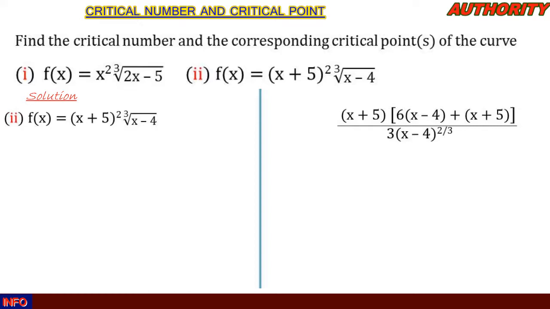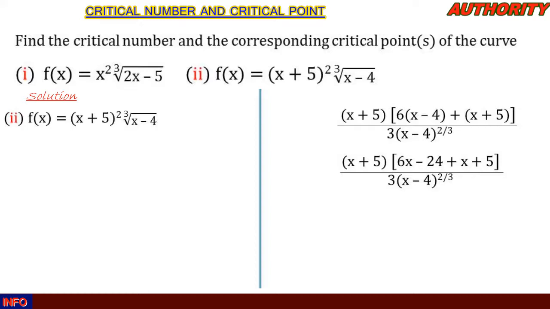Now let's go in this bracket. Let's multiply and open this bracket. So when you multiply and open the bracket, we are going to have 6x minus 24. That is when you say 6 multiplied by x is going to give us 6x, and then 6 multiplied by 4 is going to give us 24.